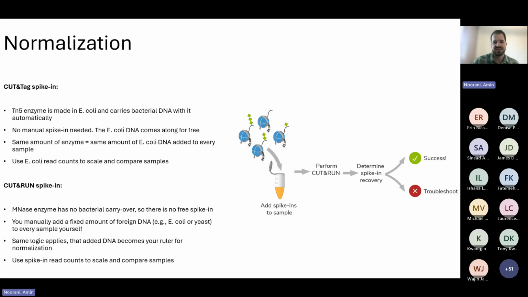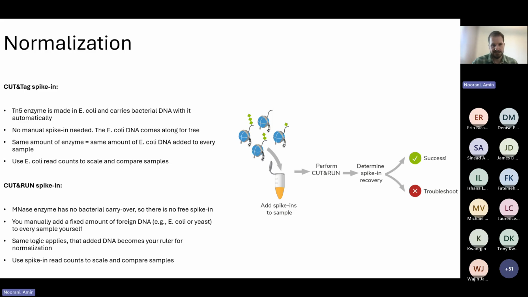Since you use the same amount of enzyme in every sample, you're adding the same amount of E. coli DNA to every tube, so no extra step is needed, right? But in CUT&RUN, we don't have that luxury. There is no such carryover, so we manually add a fixed amount of foreign DNA ourselves. Same logic, just done by hand.